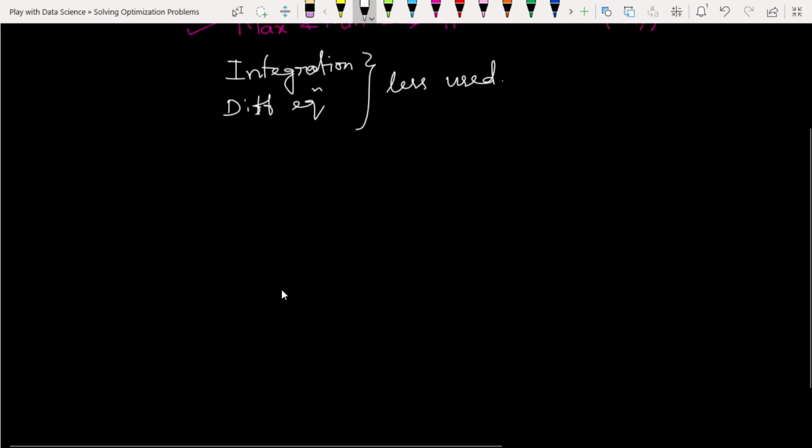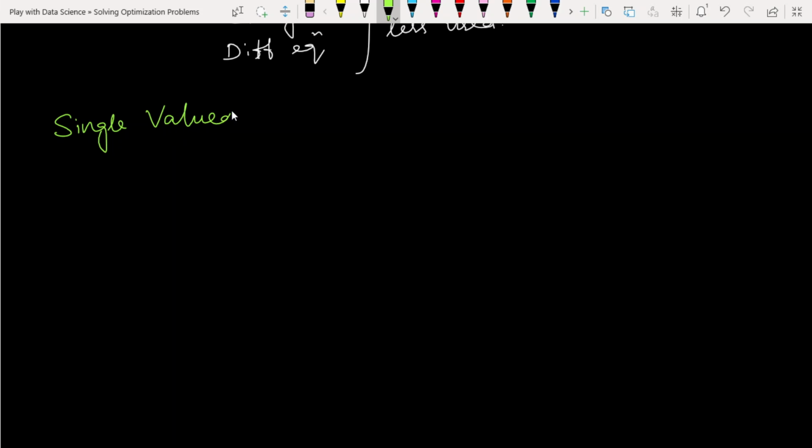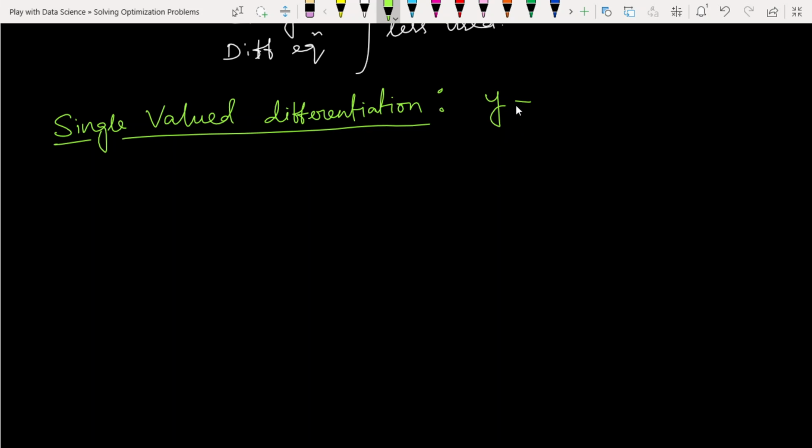Now let's come to the concepts one by one. Let's start with single value differentiation. Let our function be y equals f of x.